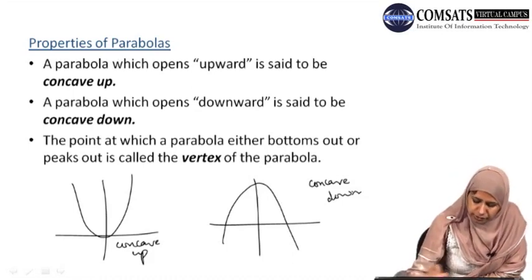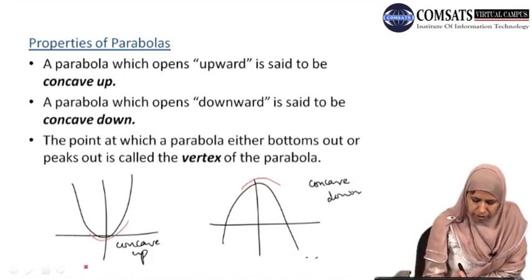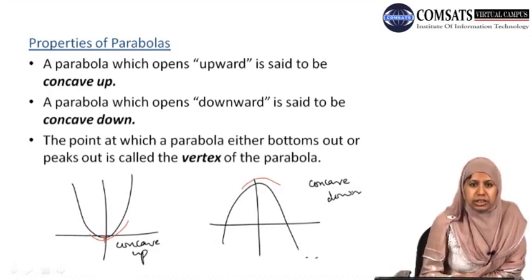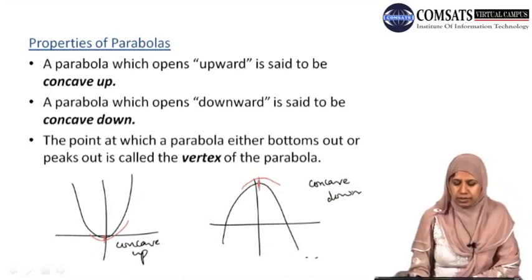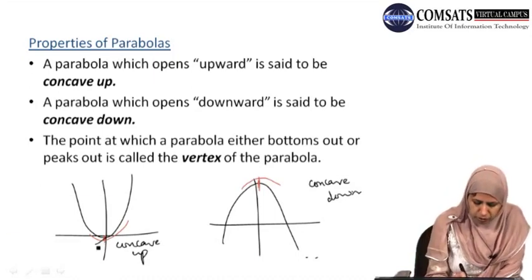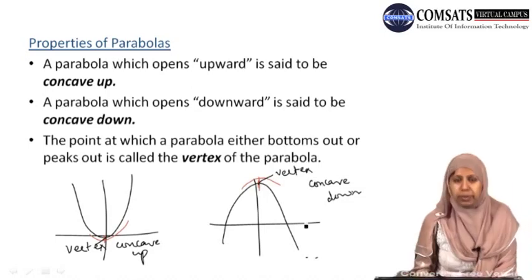That is this slightest curve, and the point from where the parabola is changing its direction. And in the case of concave down, this is the point from where the parabola is changing its direction. So these points are called the vertex of the parabola.